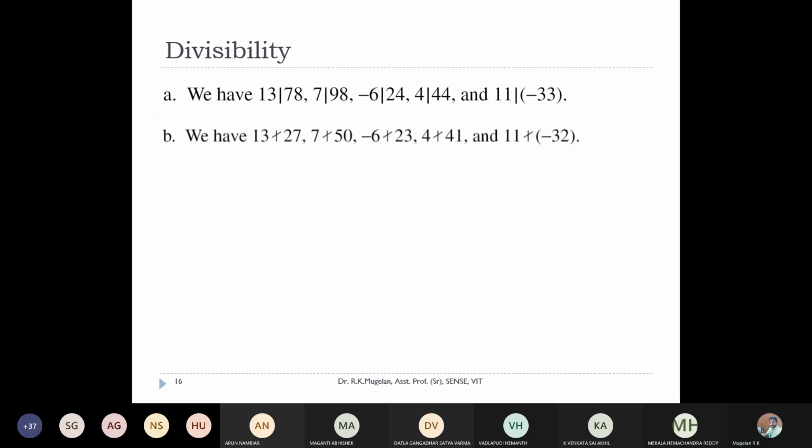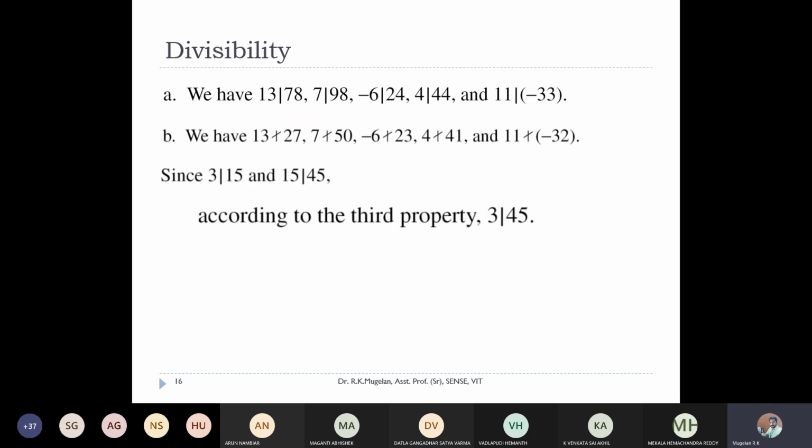For the third property, a divides b perfectly and b also divides c perfectly, then a will perfectly divide c also. So 3 will perfectly divide 45.